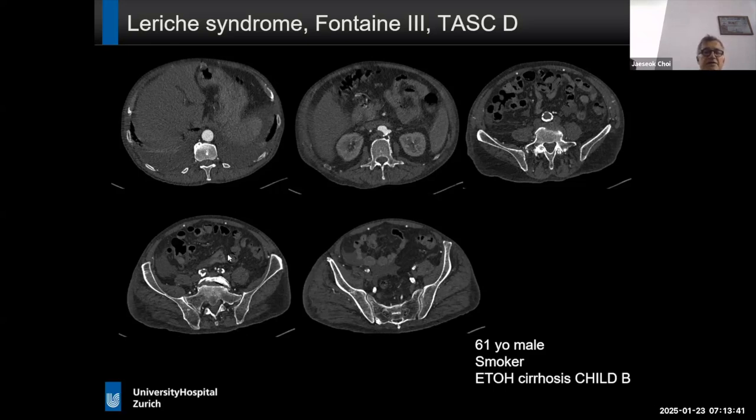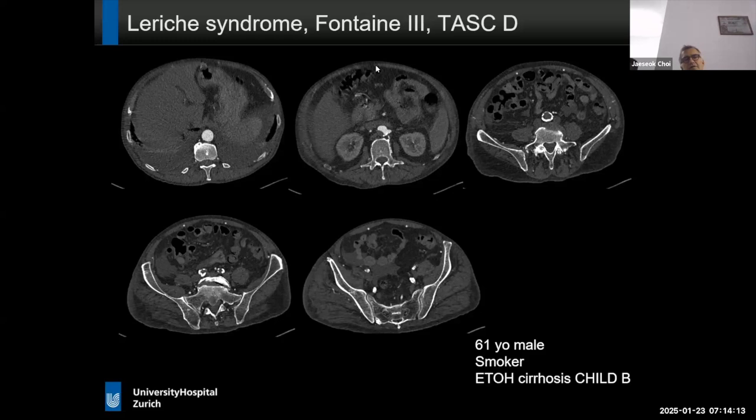And you can see these large gastric arteries, it's a so-called Winslow collateral pathway. They retrogradely contrast again the internal and external iliac arteries. Both common iliac arteries are also thrombosed. That would be also a type D lesion, according to TASC.